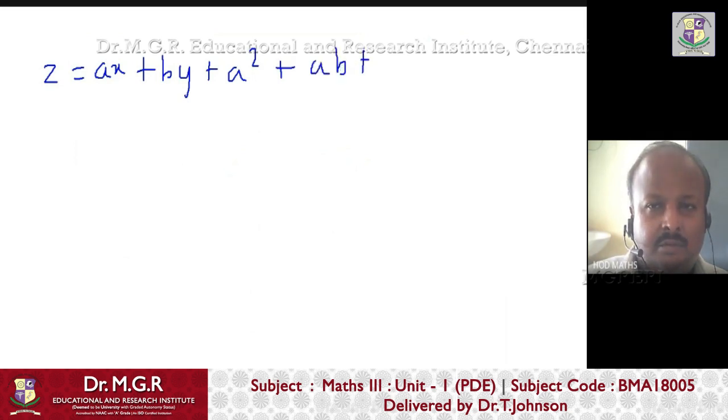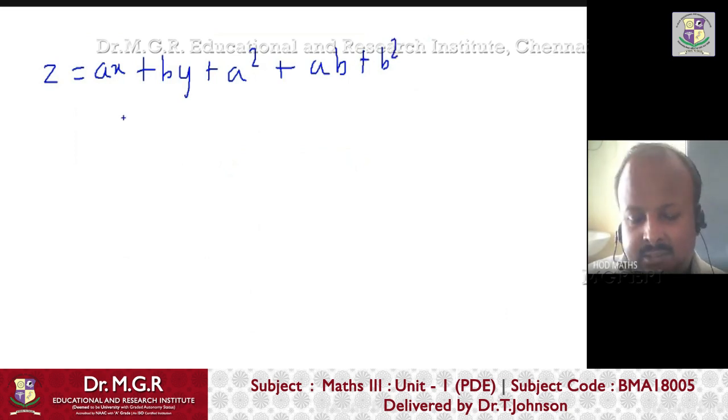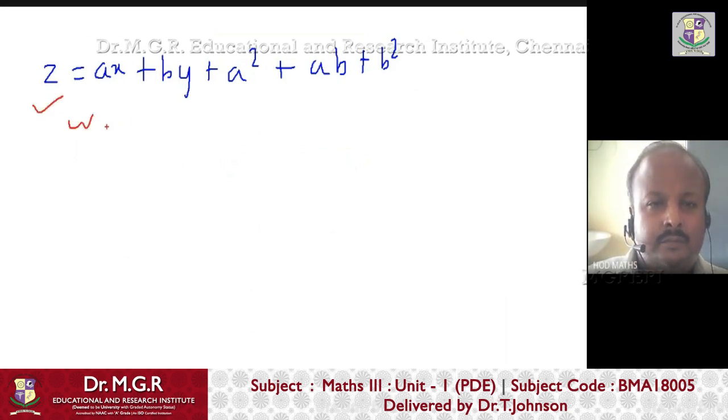So this is the complete solution. In order to find the singular solution, what we have to do? We have to differentiate this with respect to a and b. You have to differentiate both the things with respect to a and b.